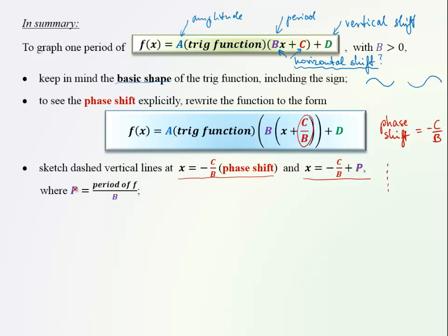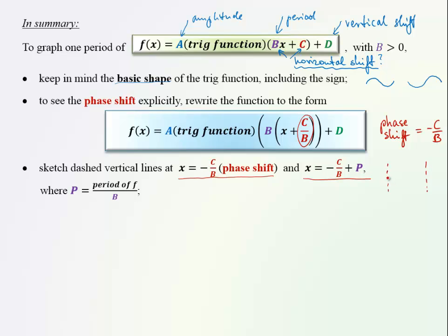As you remember, the period is easy to calculate just by taking the regular period of the function, if that was sine or cosine, it will be 2 pi, and divide by the coefficient b. So if we know the period, we add to the phase shift, we have the right-hand side boundary.